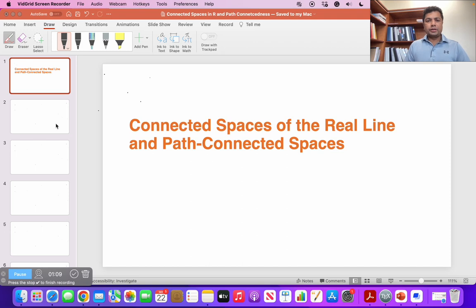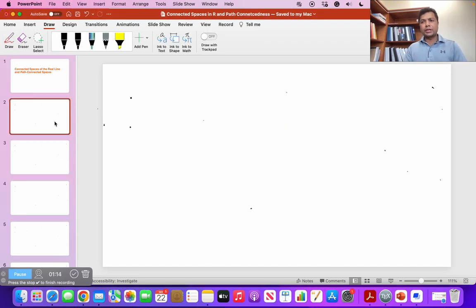In order to describe connected subsets or subspaces of the real line, I'm going to give a theorem without proof. This theorem describes all the connected subsets or subspaces of the real line.